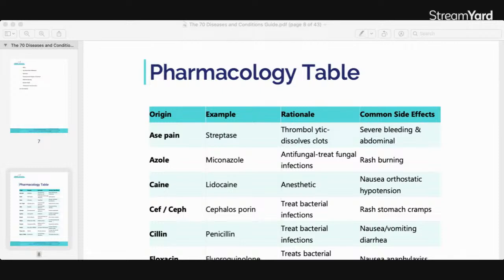Side effects include nausea, vomiting, diarrhea. Once again, all stomach or GI issues. So a very simple trick to help you remember the side effects when you're taking exams is just automatically, for antibiotics, think GI issues. Try to see, if possible, what's the common denominator with the side effects, and it will help you recognize it.